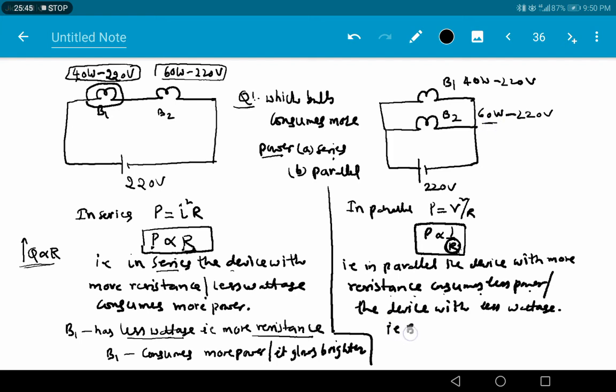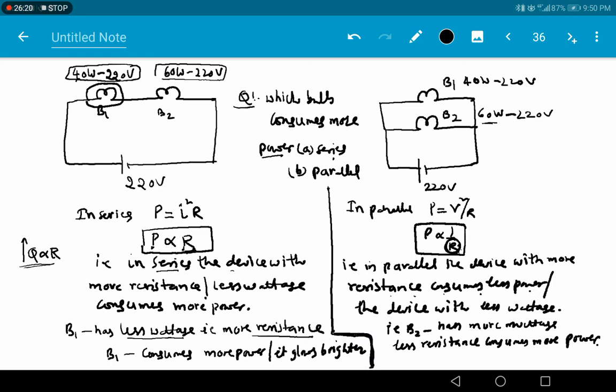That is, B2 has more wattage, or less resistance, and consumes more power. In this way we can analyze when the bulbs or devices are connected in series or parallel combination.